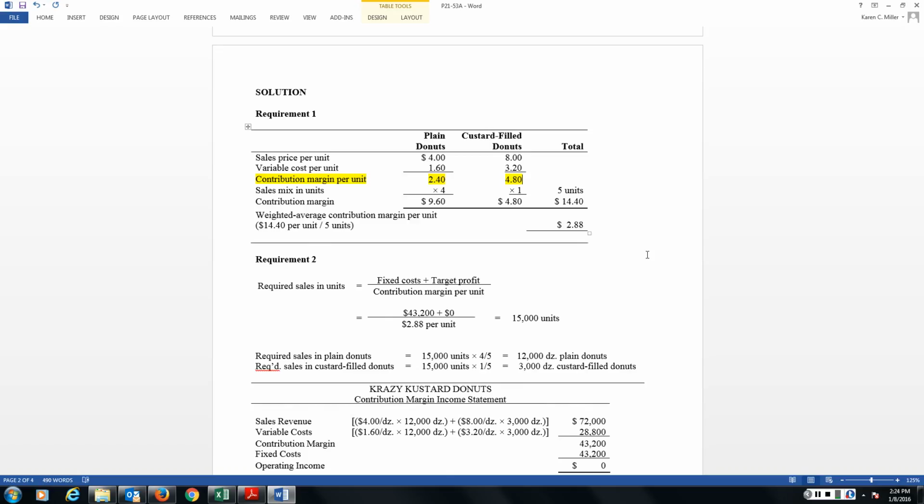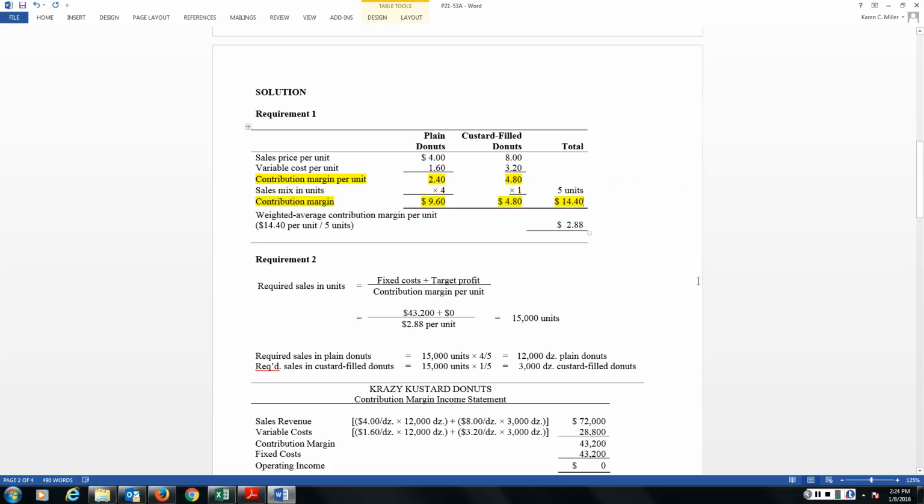And I can't simply say $2.40 plus $4.80 divided by 2, because we don't have the same sales mix. Okay, I sell 4 dozen plain donuts for every 1 dozen of custard filled. So I have to take that into consideration, and I have to multiply my sales mix times this new contribution margin that I've come up with to begin my calculation for weighted average contribution margin.